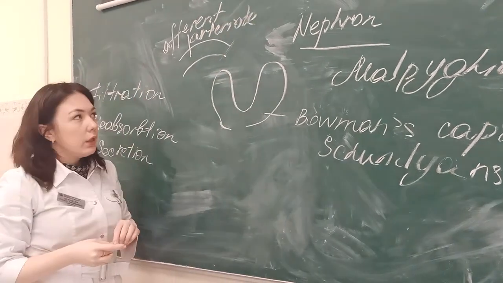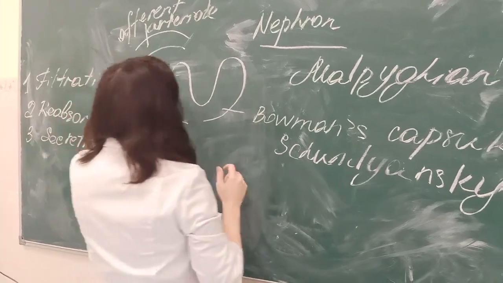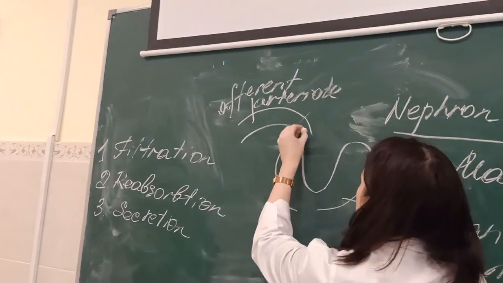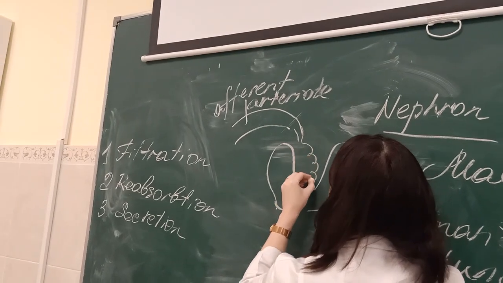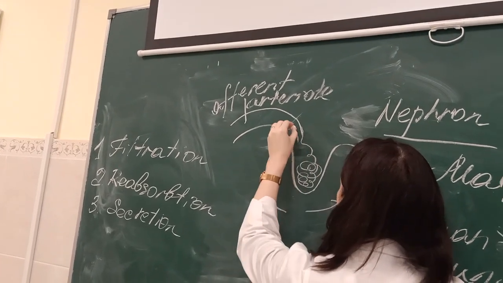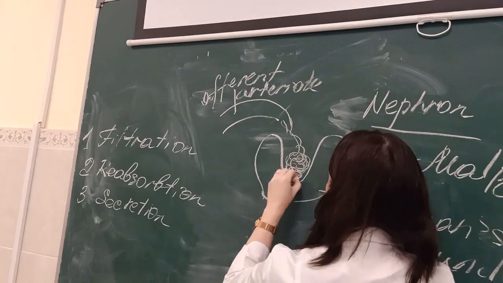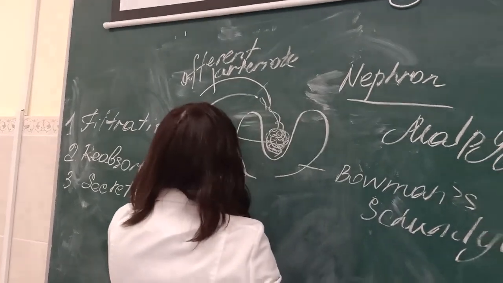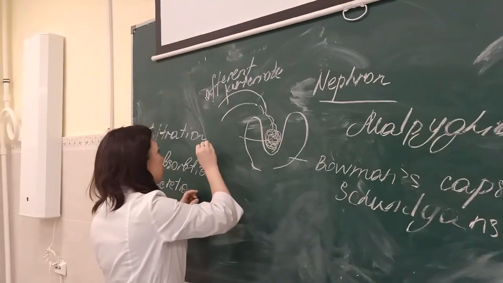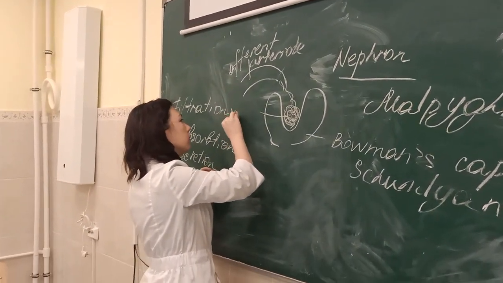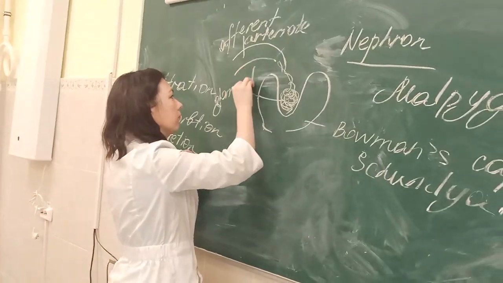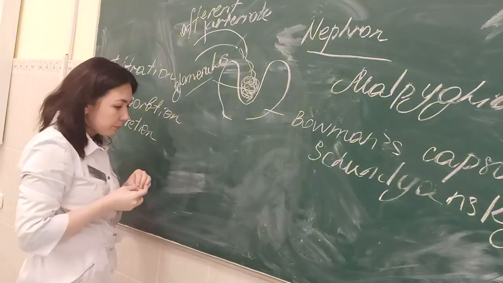It brings blood here, and when it reaches Bowman's capsule, it is divided into capillaries, and these capillaries form the glomerulus.